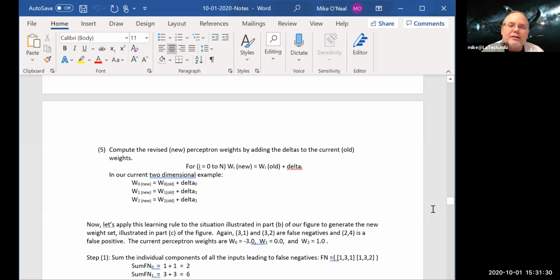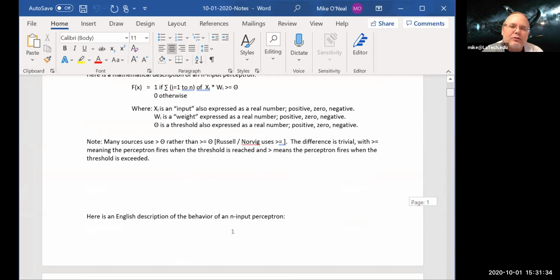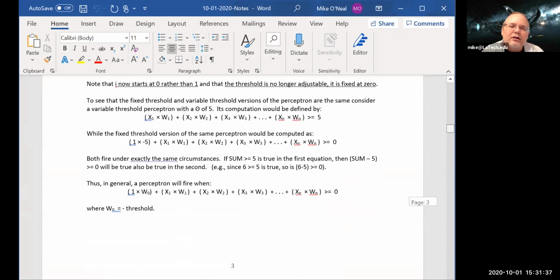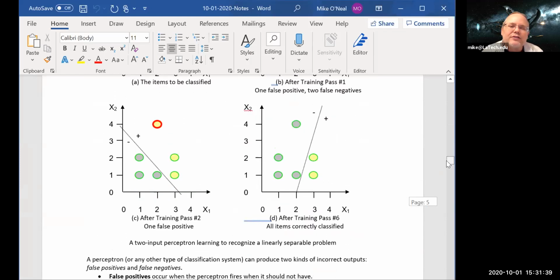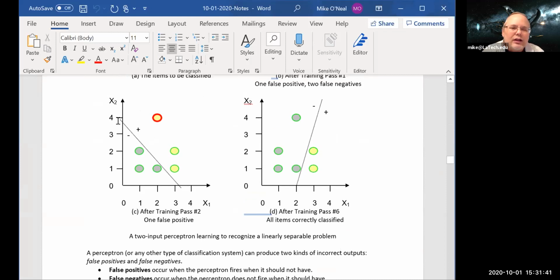After updating your weights, you would find that our decision surface is now here. It's moved. And notice it's no longer horizontal. It's now got more vertical. It's got a slope to it.